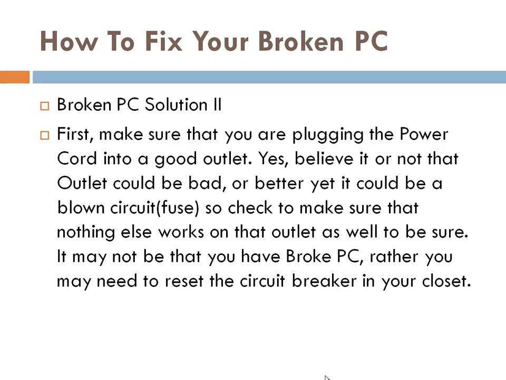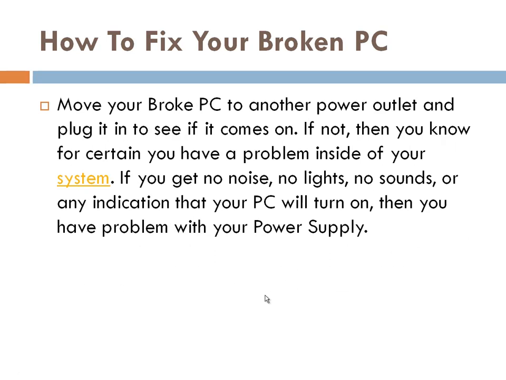Or better yet, it could be a blown circuit fuse. So check to make sure nothing else works on that outlet as well, to be sure. It may not be that you have a broke PC. Rather, you may need to reset the circuit breaker in the closet. Move your broke PC to another power outlet, plug it in to see if it comes on. If not, then you know for certain you have a problem inside of your system.